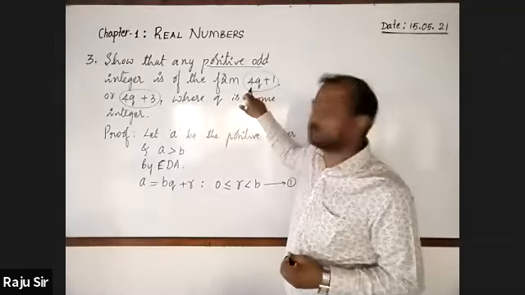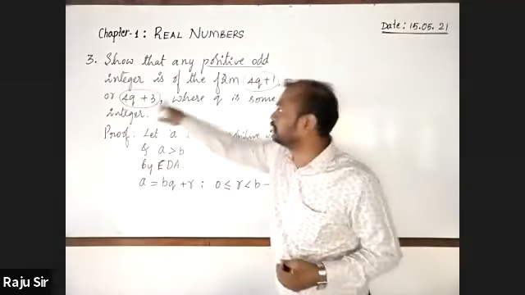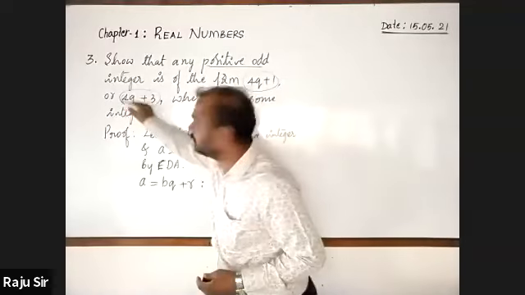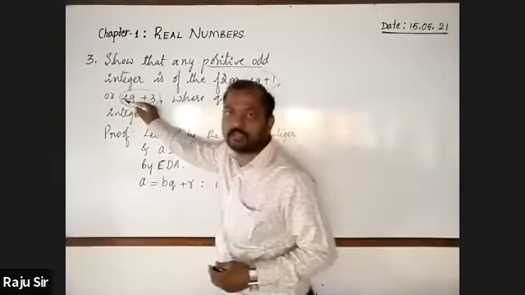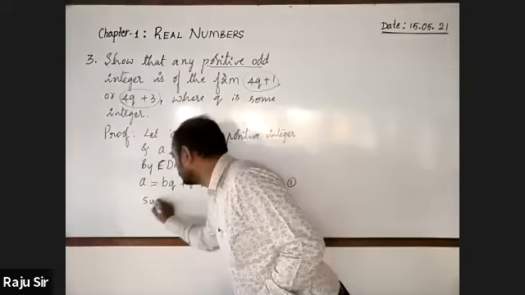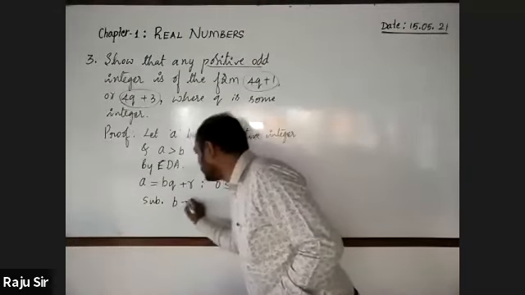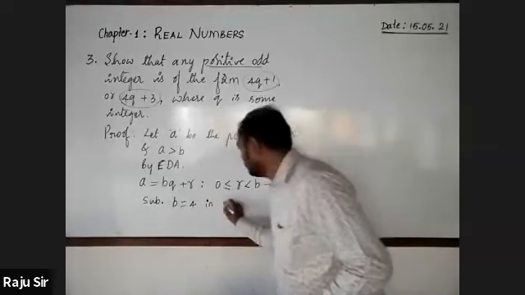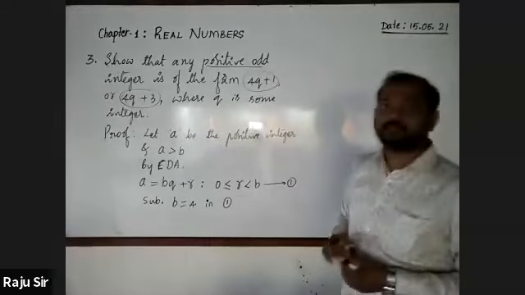Here, we are going to express an odd integer in the form of 4q plus 1 and 4q plus 3. In place of the divisor, 4 is there, right? Hence, let's substitute 4 in place of B. Substitute B equal to 4 in statement 1.